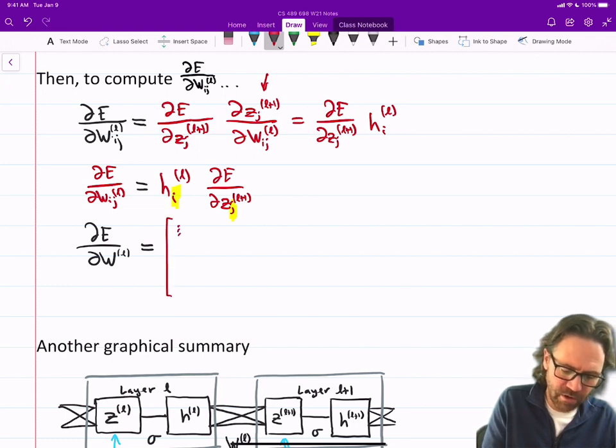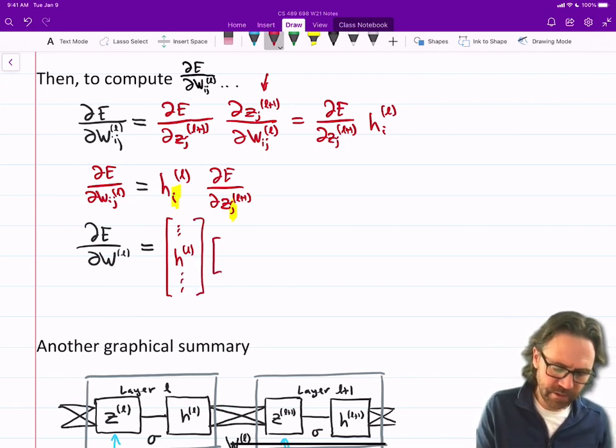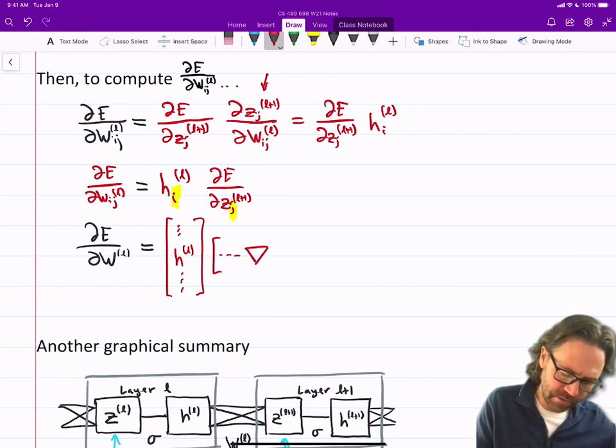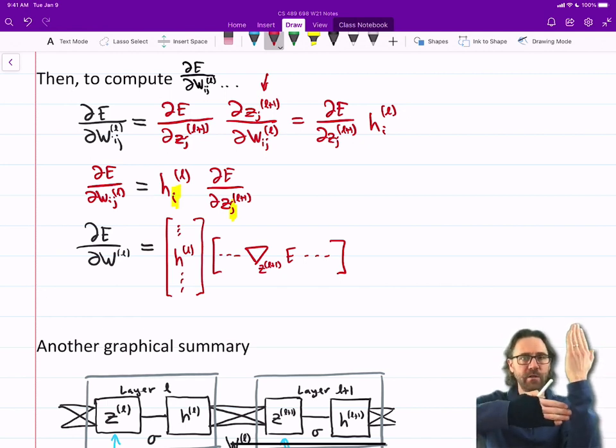So one way to do that is like this. So let's say I've got a column of all the h's. And I put all these derivatives with the E's in a row. So this is the gradient with respect to z_{L+1} of E. This here is now, it's not an inner product, it's not a dot product, because a dot product is a row times a column.